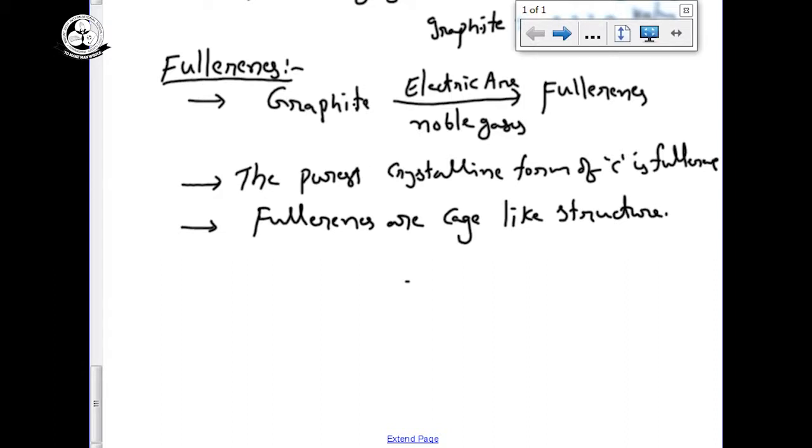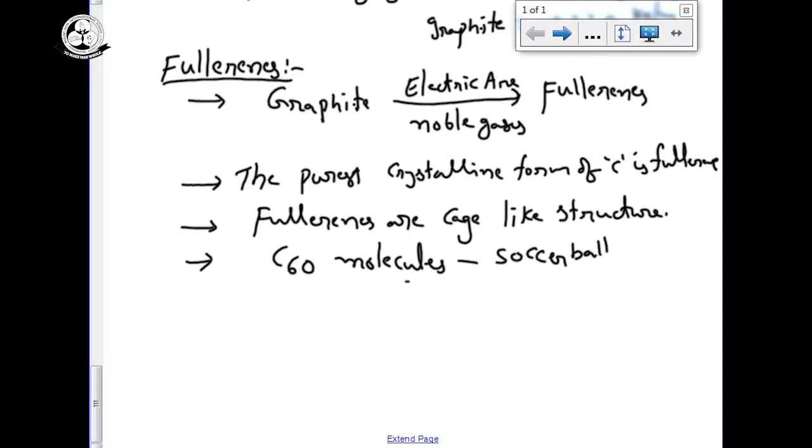Moreover, each fullerene contains a minimum of 60 carbon atoms, and these 60 atoms are in the form of a soccer ball like structure.